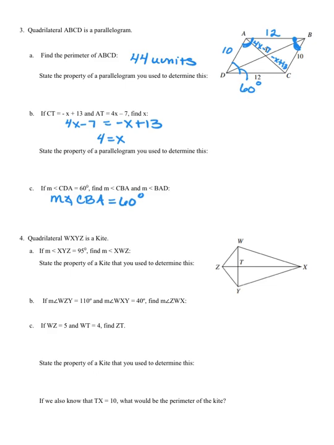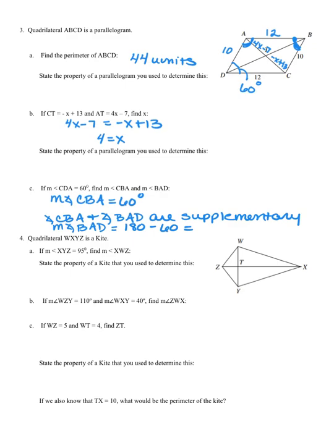So that means that angle CBA and angle BAD are supplementary. Their measures add up to 180 degrees. So therefore, we can find the measure of angle BAD by taking 180 degrees minus the measure of angle CBA, which is 60 degrees, and so it's 120 degrees.